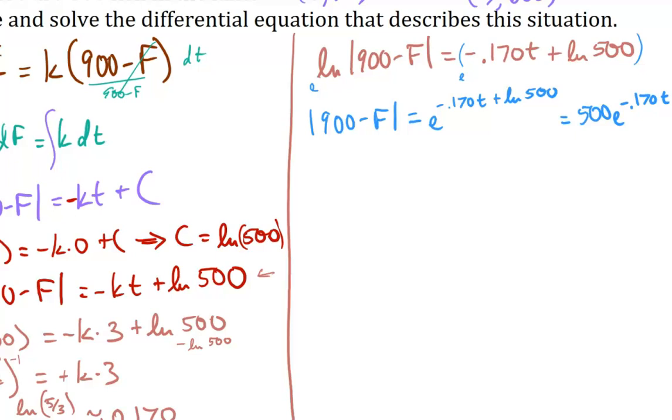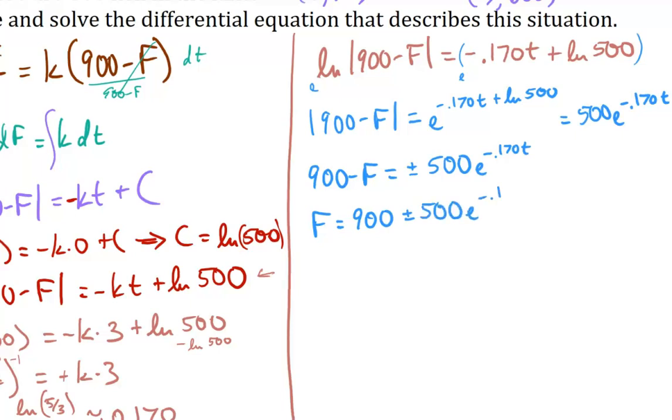I'm going to take the absolute value bars off, so I have 900 minus f equals plus or minus 500 e to the negative 0.170t. And solving for f, I need to subtract 900 and divide by -1. So I get f equals 900, this is positive because I subtracted then divided, plus or minus 500 e to the negative 0.170t. All right, I do need to decide which of these I want.